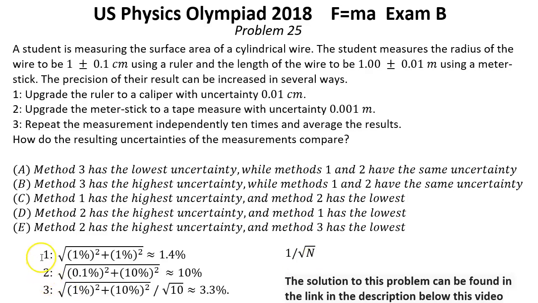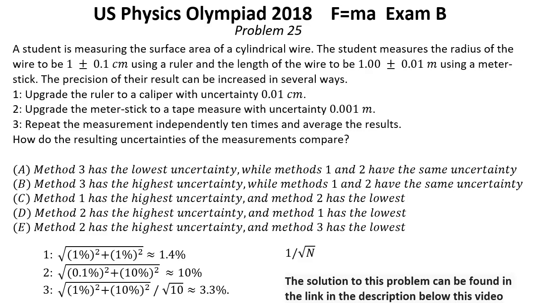Then for the first method we have this formula, which is 1.4%. For the second method we have about 10% uncertainty. For the third method we have uncertainty 3.3%.